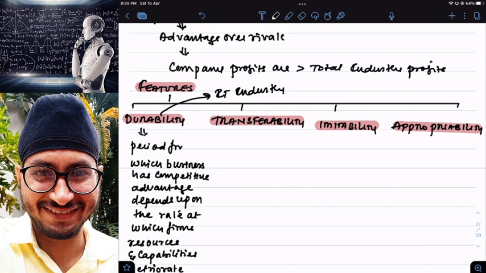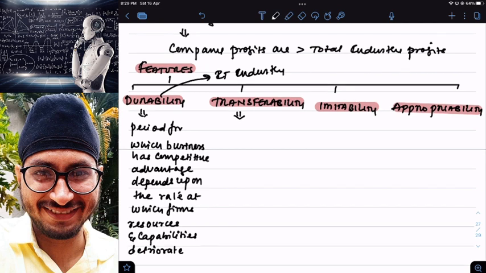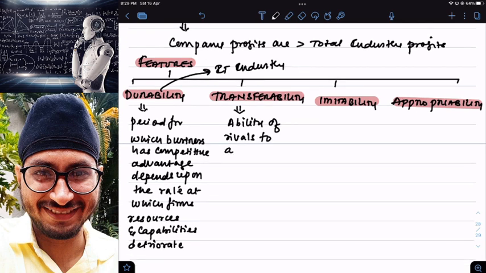Then we have transferability, the second feature. Transferability means the ability of rivals, the ability of my competitors to attack my position or my competitive advantage.